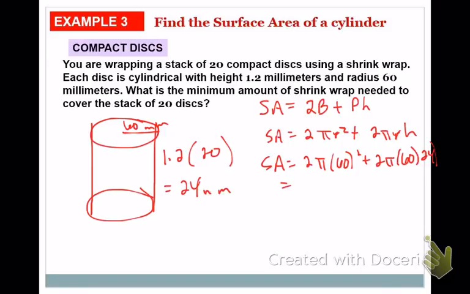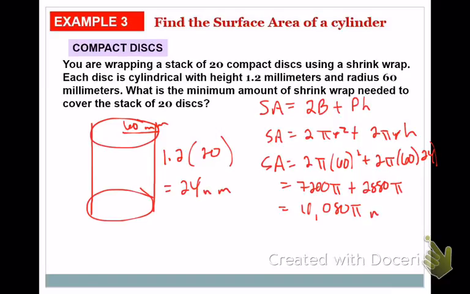Okay, 60 squared is 3,600 times 2 is 7,200 pi. Plus 2 times 60 is 120. Well, actually, yes, this is going to end up being 2880 pi. And then we add this, we get 10,080 pi. I'll let you multiply that out.